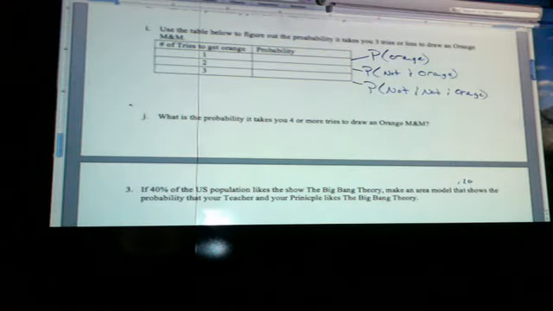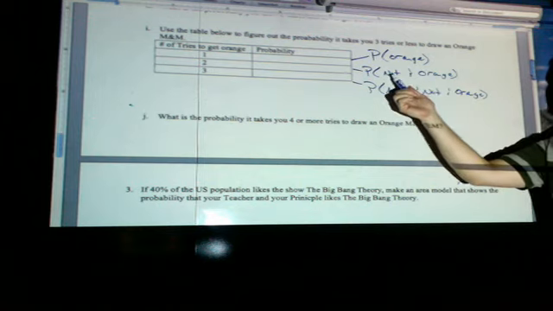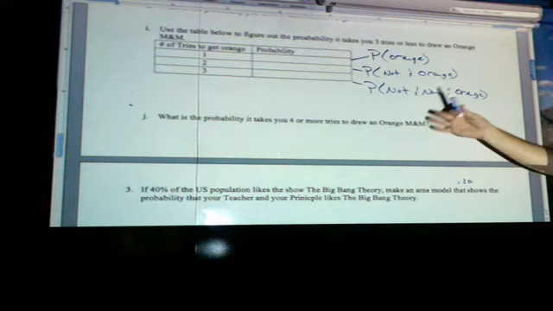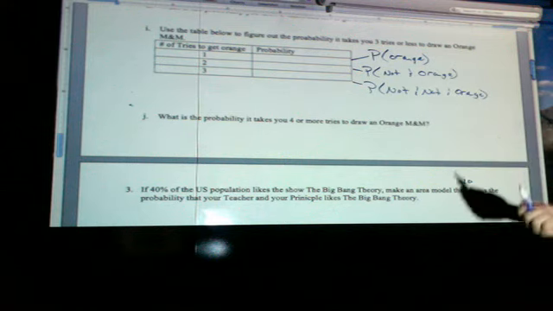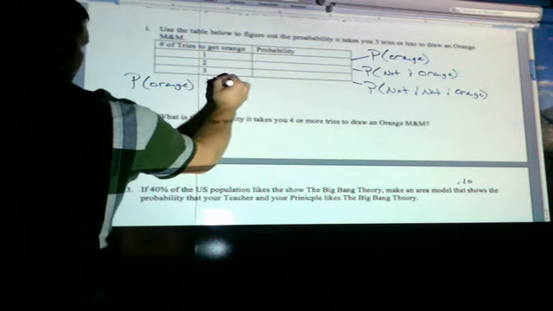Now this one is just the probability of orange. It'll be 34 over 160. These ones, since they're and statements, you do the probability of not orange times the probability of orange. Not orange times not orange times orange. You're probably wondering, how do I get the probability of not orange? Well, if I know the probability of orange, I use my table from up above.